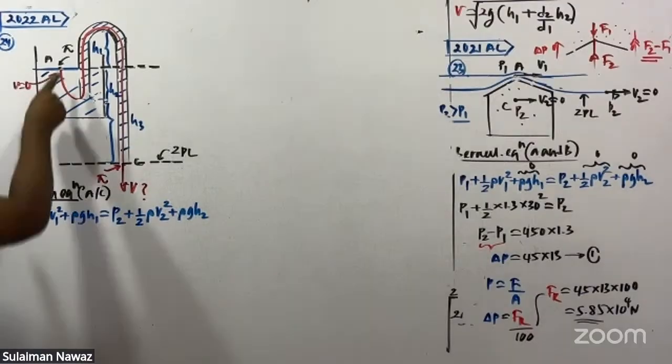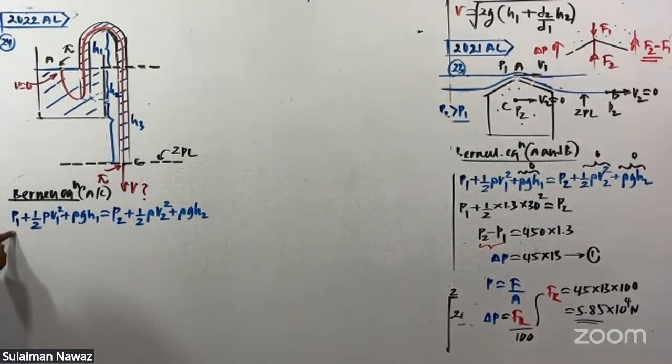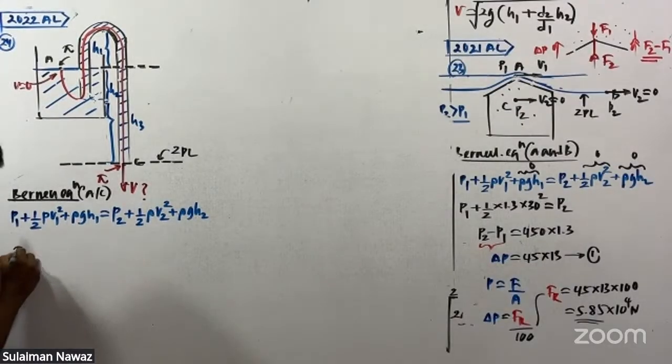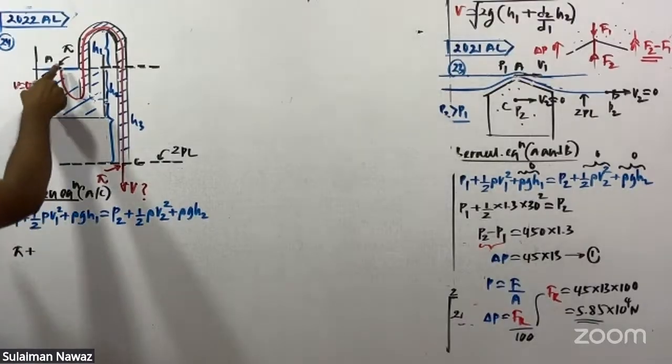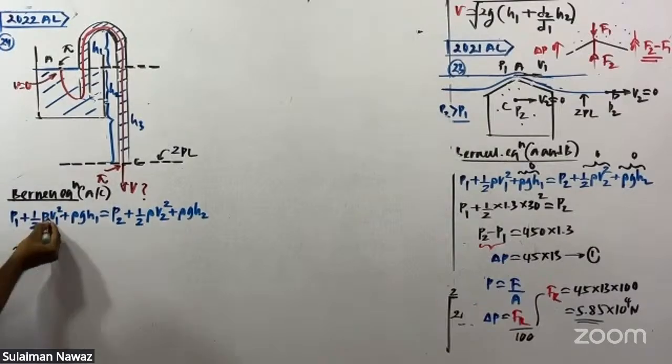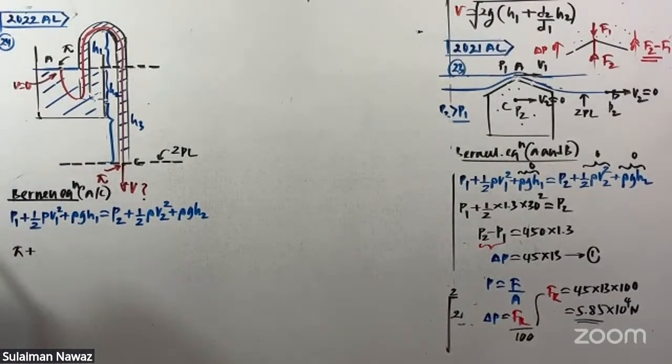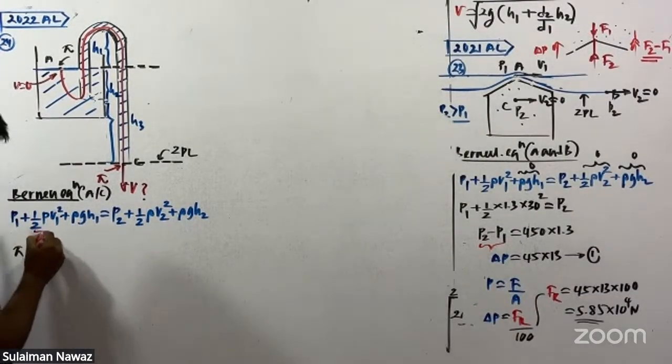Then point A is my point 1. Pressure at point A is atmospheric pressure, P0, plus, we know velocity of the fluid particles at point A is 0. Therefore, V1 is 0. Half rho V1 squared term is going to be 0.